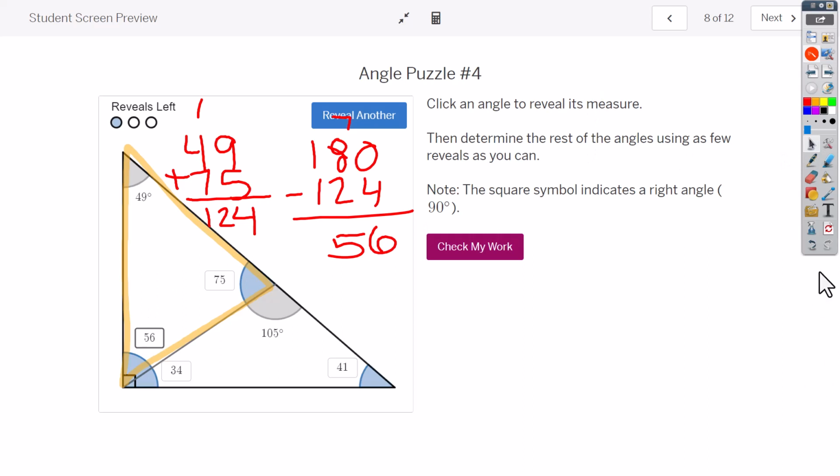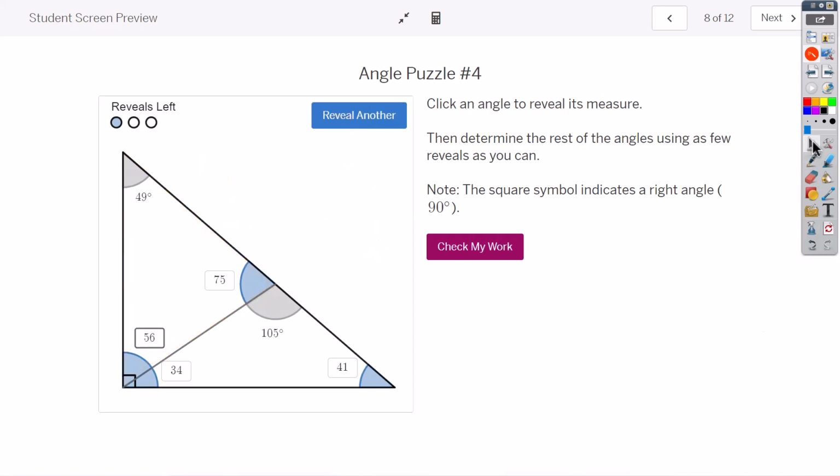Let's see how we did. We used a lot of triangle information, but we also used the fact that these two angles, 75 and 105, should add up to 180. All right, we did a great job.